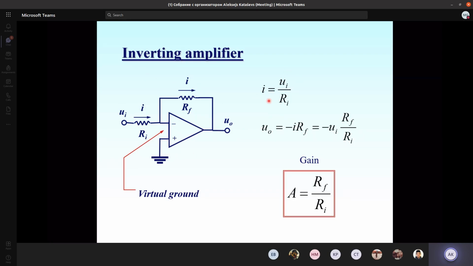So putting together the expression for the current through the resistor chain and the Ohm law for the feedback resistor, relating the output voltage to the known current that flows through resistor RF, we got the gain of the amplifier as the ratio between the feedback resistor resistance and the input resistor resistance.